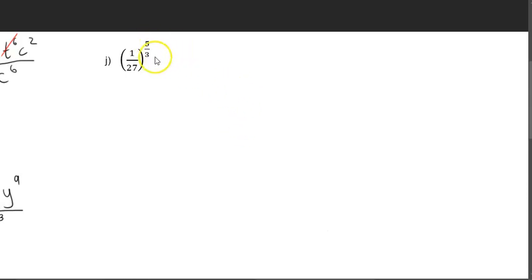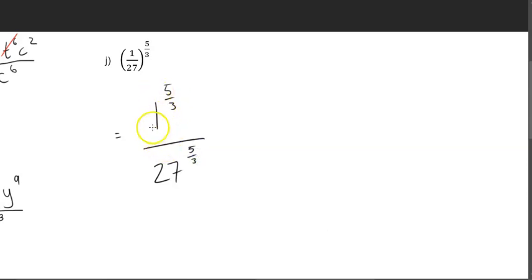This 5/3 gets applied to 1 and applied to the 27. In other words, this is going to look like this. Let's change the color quickly. 1 to the power 5/3 over 27 to the power 5/3.